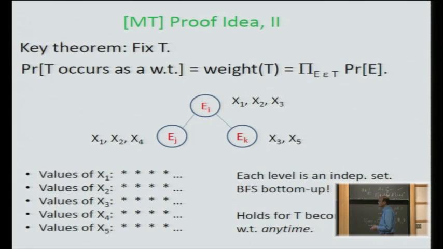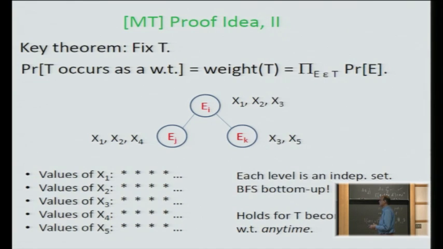So this particular node was triggered exactly because of these 3 copies of x1, x2 and x4. So the probability of that is the probability of EJ. Similarly, for x3 and x5, this event was triggered because of this copy of x3 and this copy of x5. So you move the pointers for all of them, x1, x2, x3, x4, x5, forward.